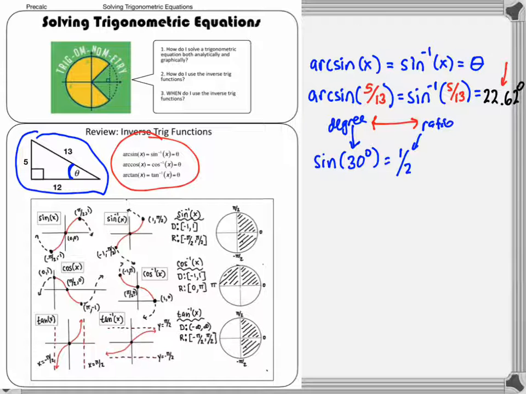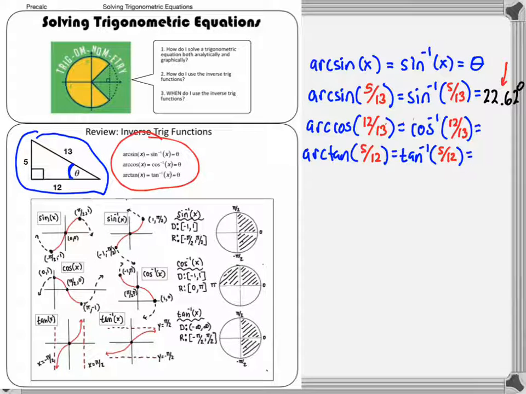So what I want to do is I'm going to back this up a little bit, so I'm going to erase that part out, and I'm going to set up arc cosine and arc tangent and show you how they will all yield the same result. So let me set that up.